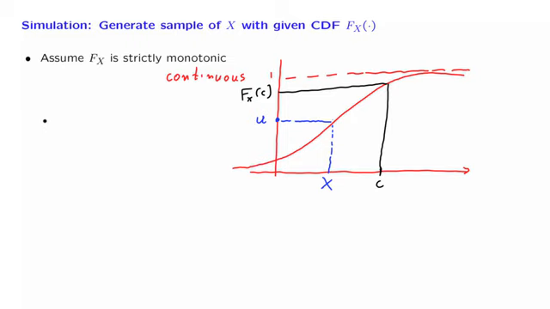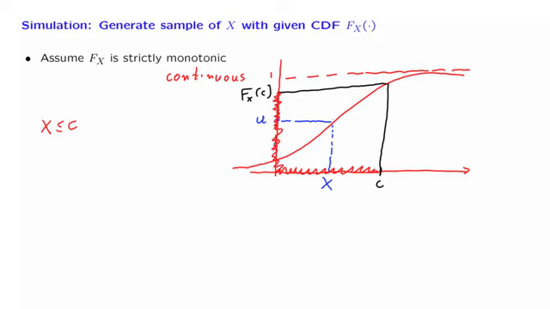My random variable X is going to be less than or equal to c if and only if my random variable U falls in this interval. But that's equivalent to saying that the uniform random variable fell in that interval.